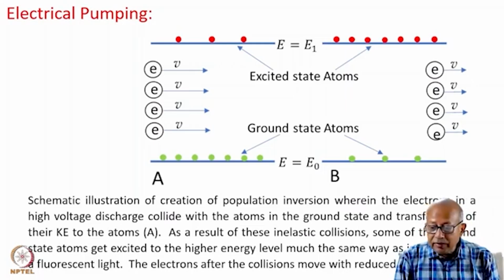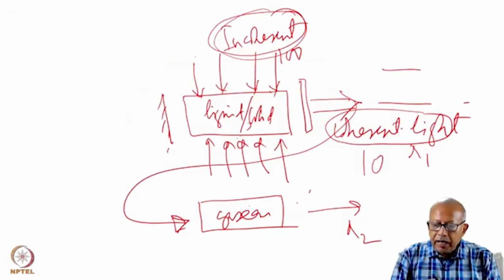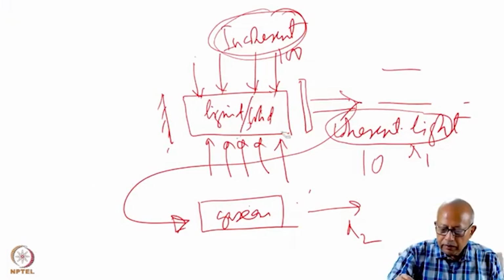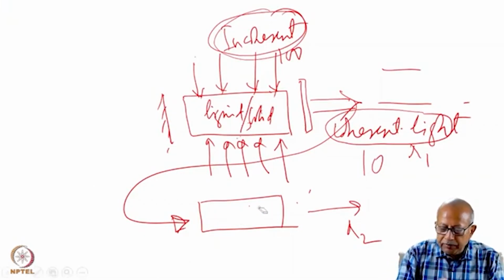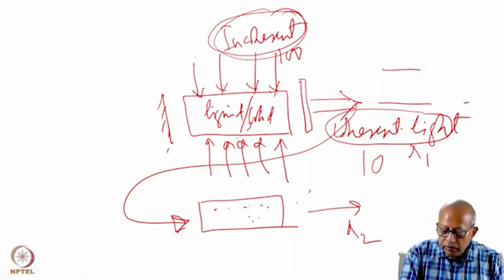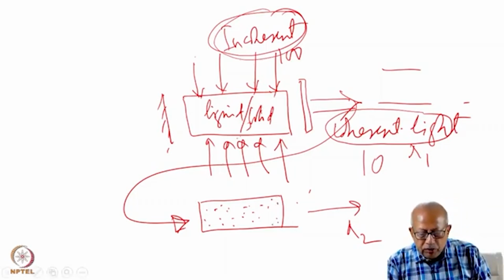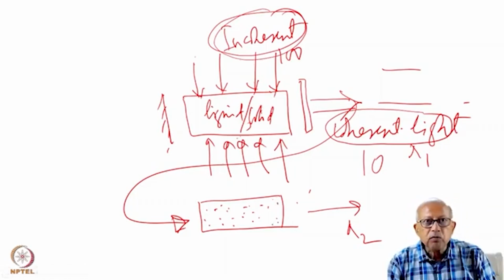Because, as I said, in a gas laser there is a lot of empty space in a gaseous medium, so if you try to optically pump it, the majority of the photons will just escape without interacting with the medium.